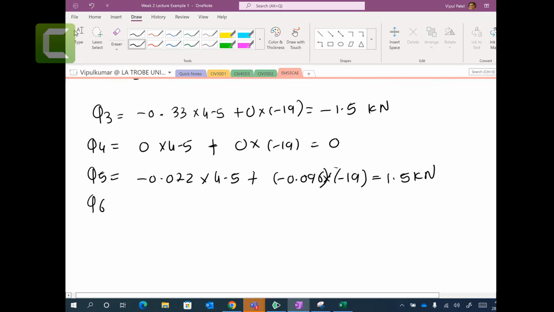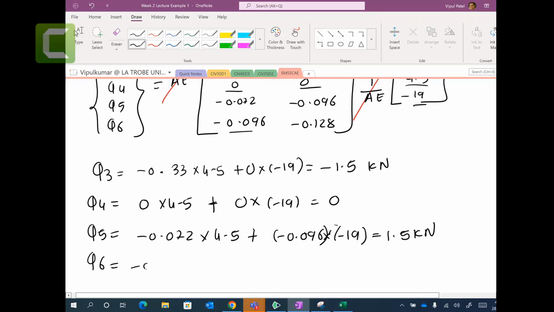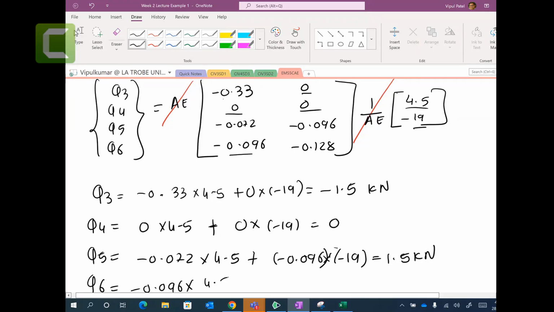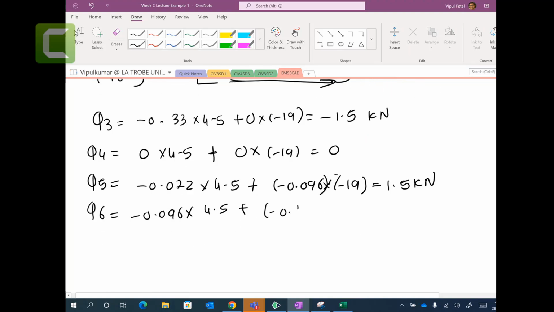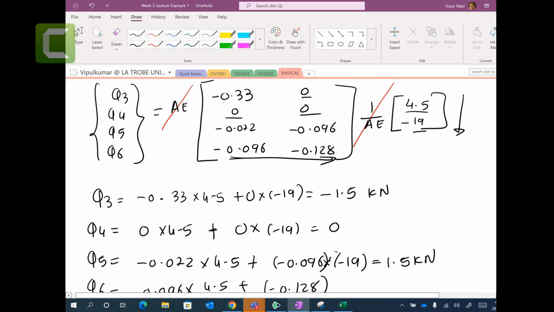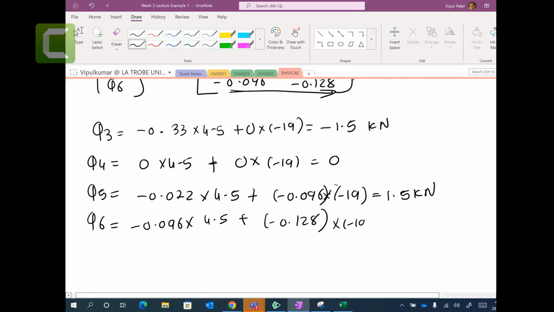And Q6 equals minus 0.096 times 4.5, it's just multiplying horizontally and vertically, plus minus 0.128 times minus 19. So you get 2 kilonewtons.